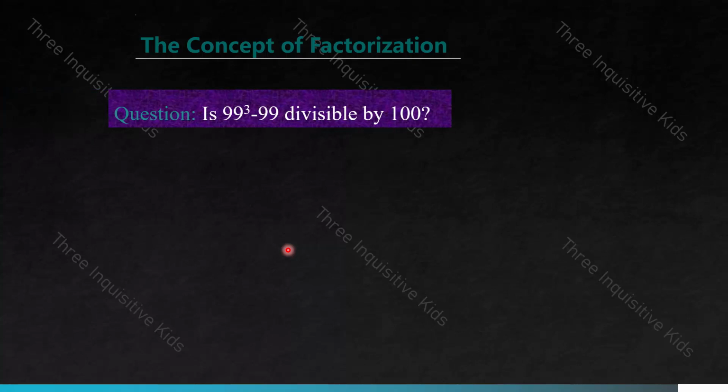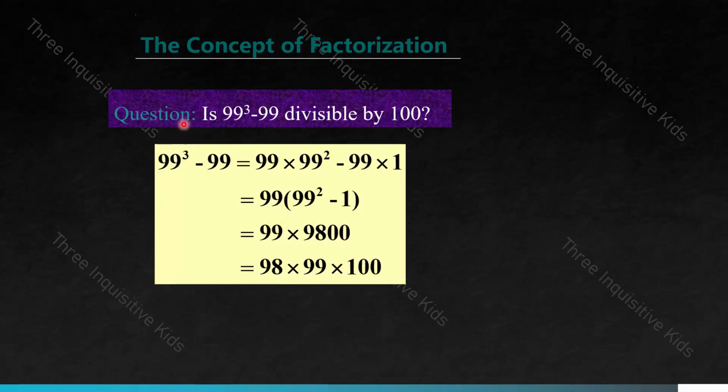Is 99 to the third power minus 99 divisible by 100? Well, the way to solve this problem is to first simplify this expression in a way so that we can see it turned into something multiplied by 100. So here would be that series of steps. We start with this expression, and then we can turn it into 99 times 99 squared minus 99 times 1.